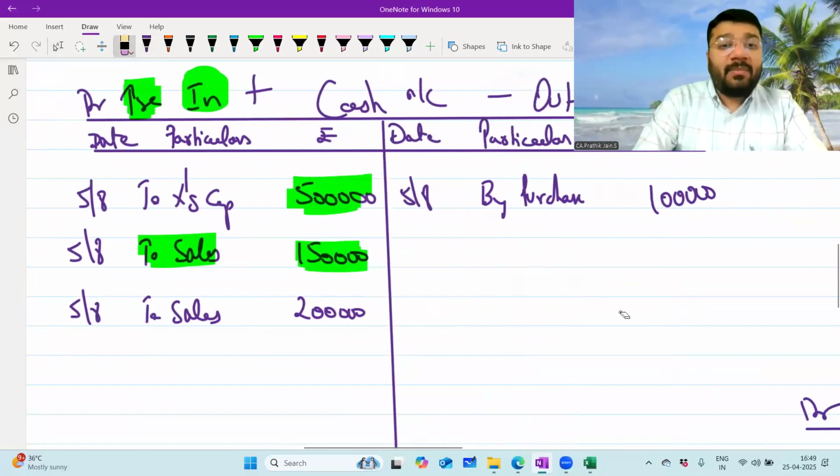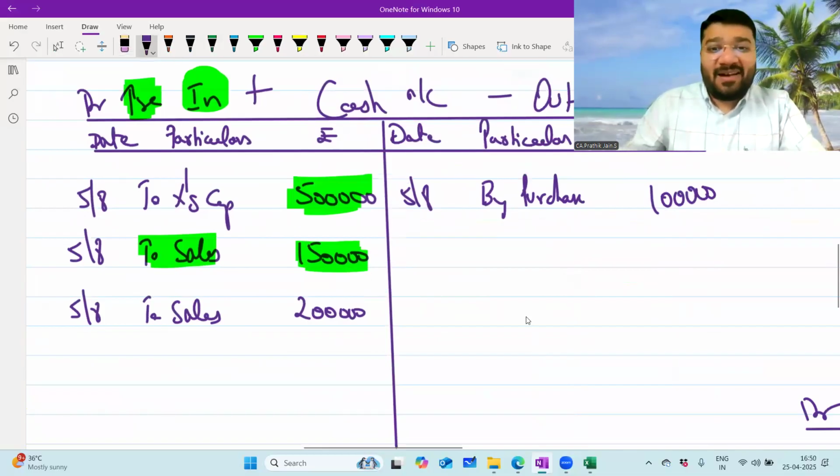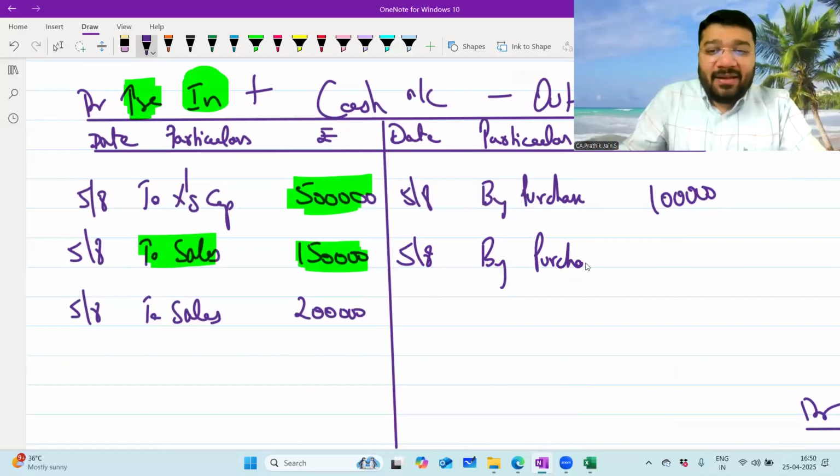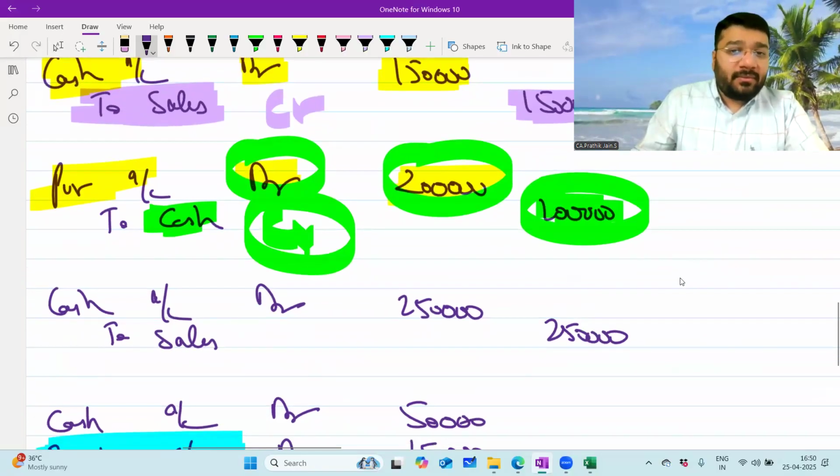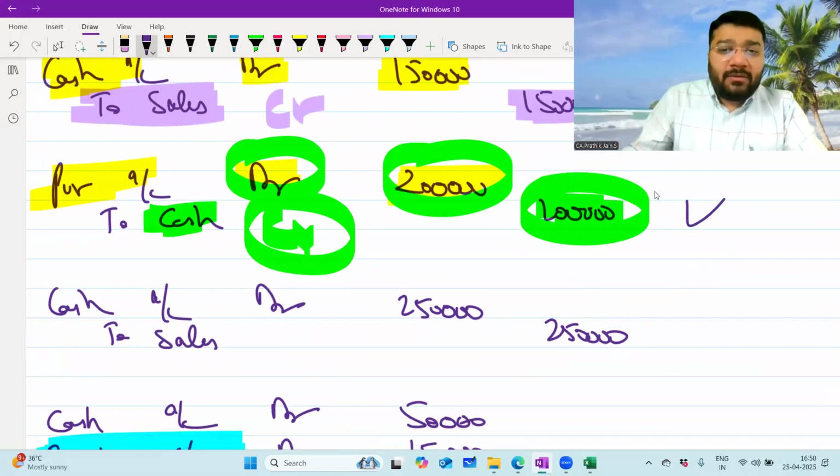Okay, let it be. I'll make it 2,50,000 here later. Smart fellow. 5 August, by purchase 2 lakh rupees. Purchase account, cash account, both done.